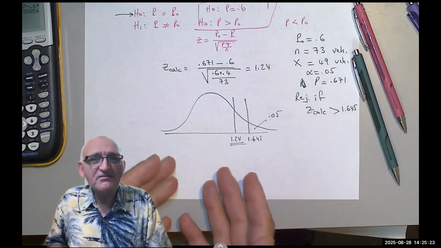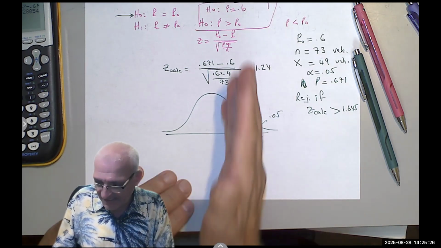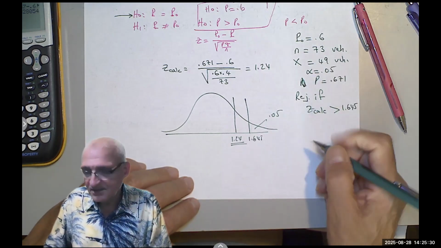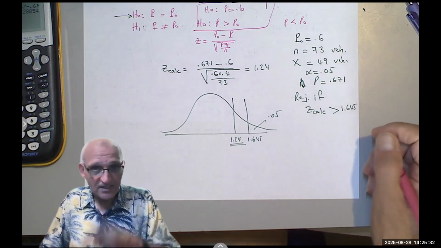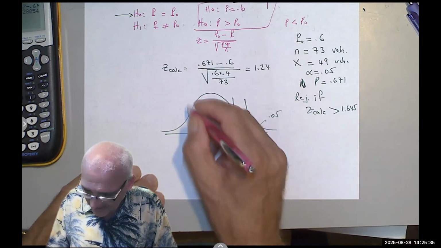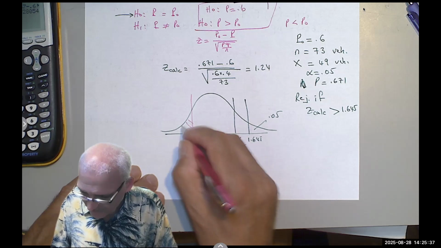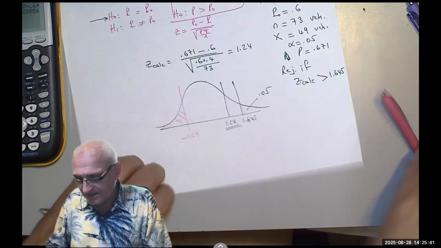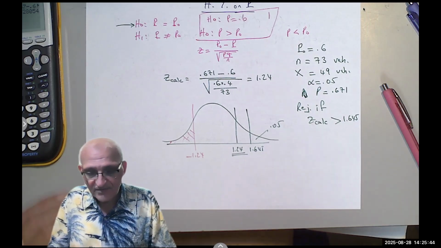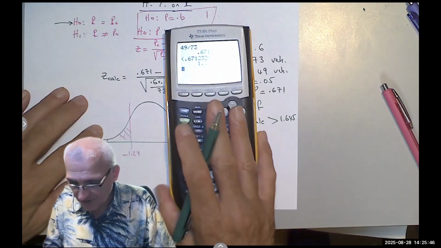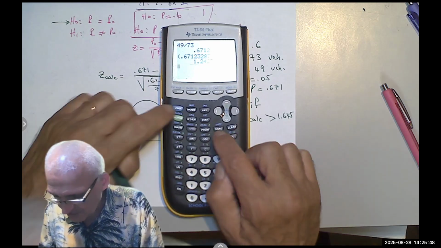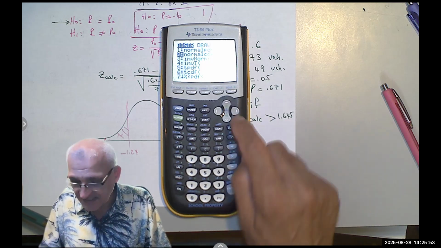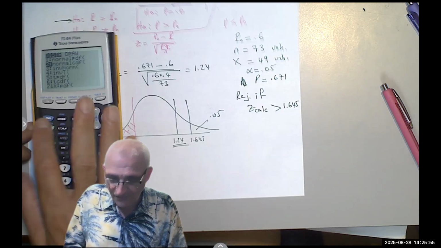So definitely my p-value is greater than 5%, right? The area to the right of that is more than 5%. How do I find it? Well, the easier way with a calculator is to say this area is identical to the area to the left of negative 1.24. So let me use the calculator and find the cumulative of negative 1.24. And you do that by going to the distribution, select the CDF or the cumulative distribution function.